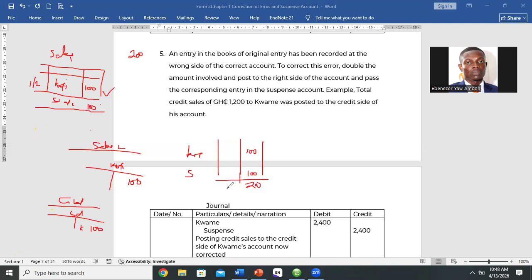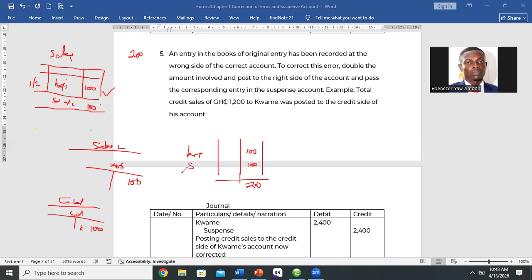So to make your trial balance agree, you are going to put a temporal account, that's the suspense account. When you introduce your suspense account here, the difference is at the debit side. So your suspense account will come at 200 here. Let me erase the sales. So sales is 100 here, making the total 200 against 0.